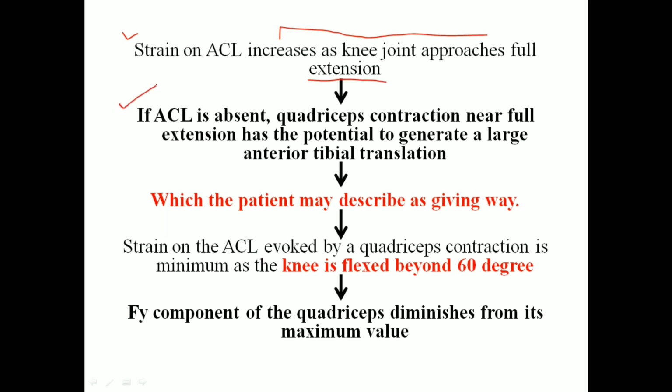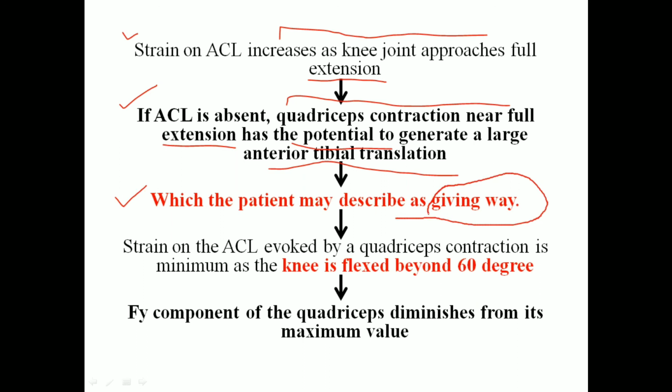Now if the ACL is absent, what will happen? As I showed you in the image, if the ACL is absent and the quadriceps contraction is near full extension, then due to this quadriceps contraction, as we reach towards the extension movement, it has the potential to generate a large anterior tibial translation. That is why the patient sometimes complains of giving way, that when we walk we feel like giving way, meaning the lower part of the leg will come outside.